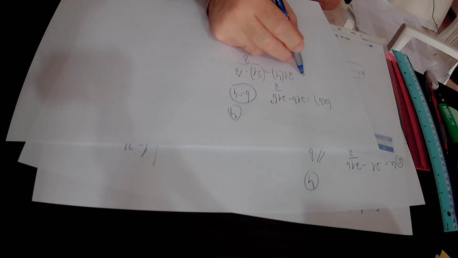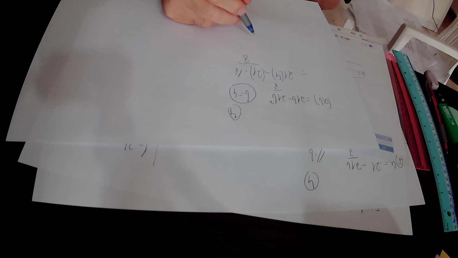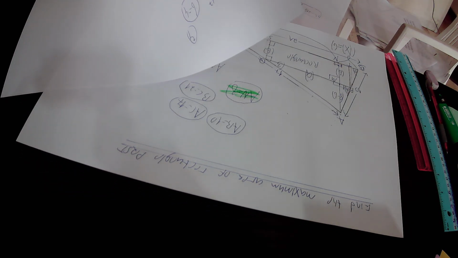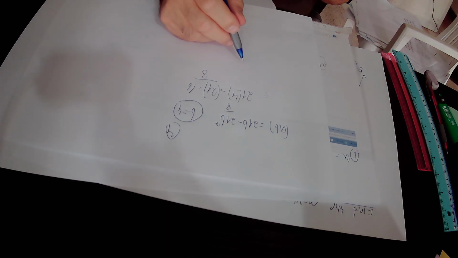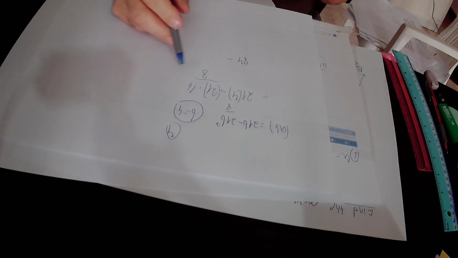So the maximum area of rectangle PQST is equal to 21 times 4, which is 84. Here we have 16 over 8, which is 2, and 2 times 21 is 42. So the maximum area of rectangle PQST equals 84 minus 42, which is 42.